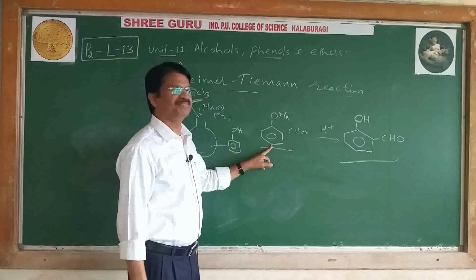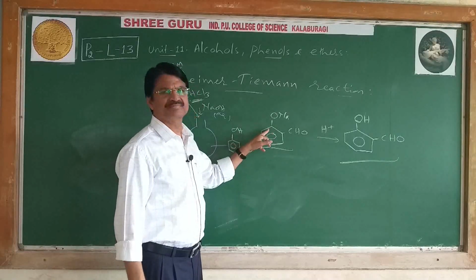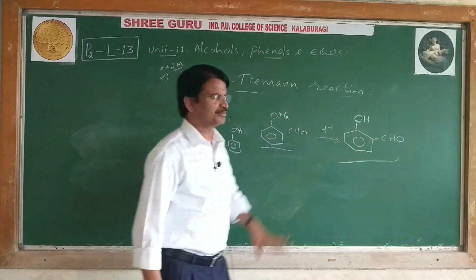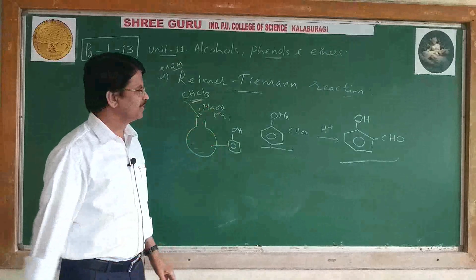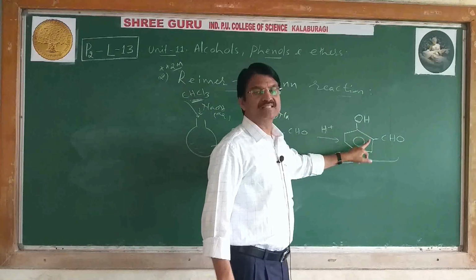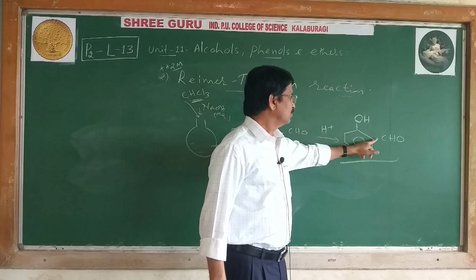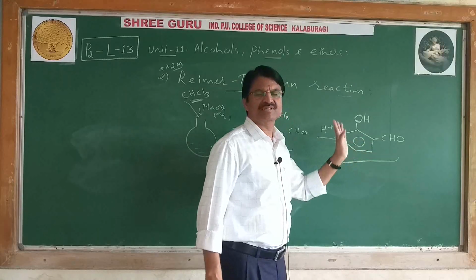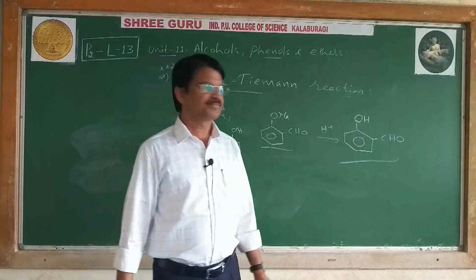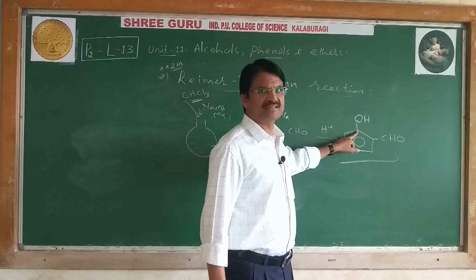Minor product here. Because of the active OH group, the CHO group attacks nearer to the OH group, only at the ortho position. If CHO is at the ortho position, then only it is called salicylaldehyde. If CHO is at meta or para, that is not salicylaldehyde. Salicylaldehyde is 2-hydroxybenzaldehyde.